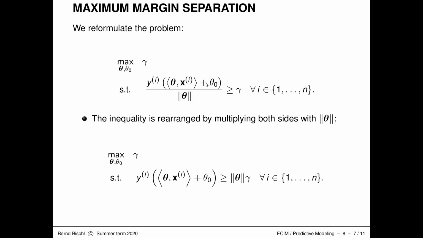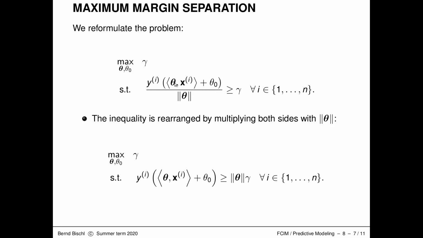So for now, I have only inserted here the functional form of my scoring function or of my hyperplane. So this is just how f looks like. And in this chapter, I might sometimes write the scalar product in this bracket notation, because this is quite convenient for us later if we want to kernelize the whole thing.